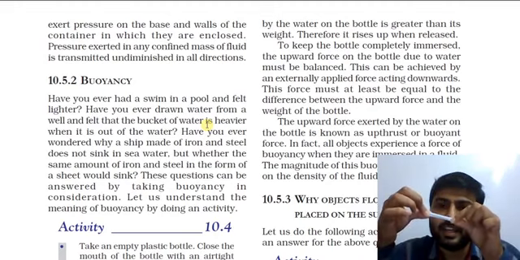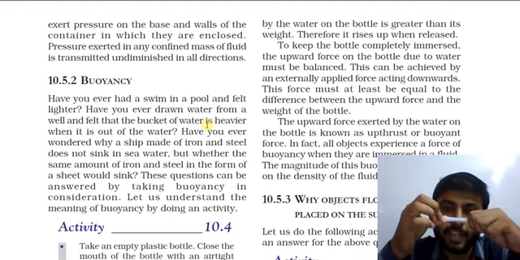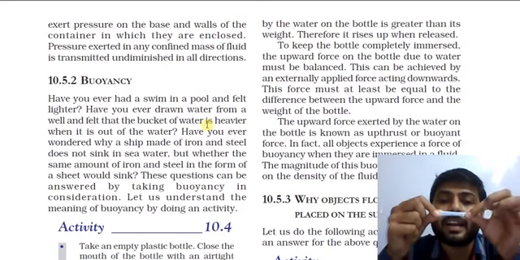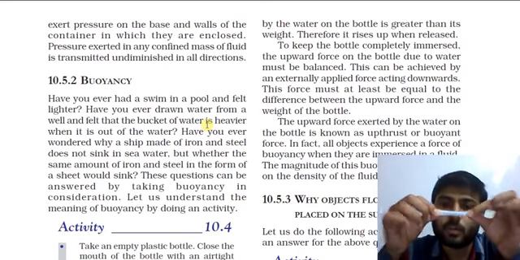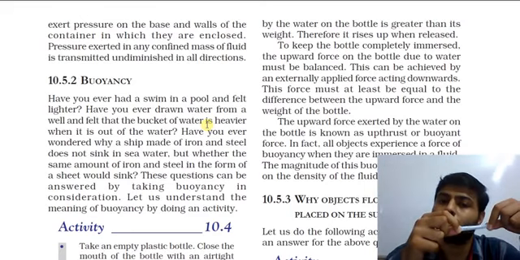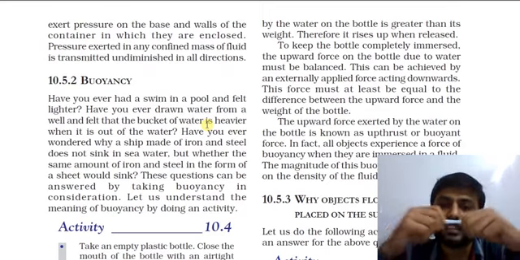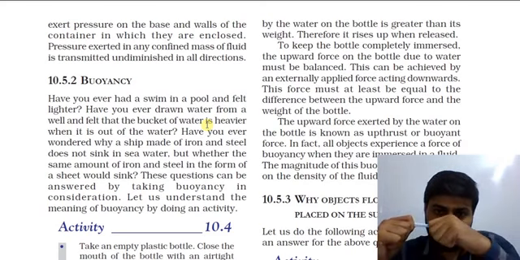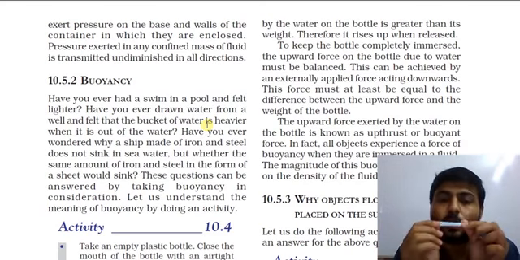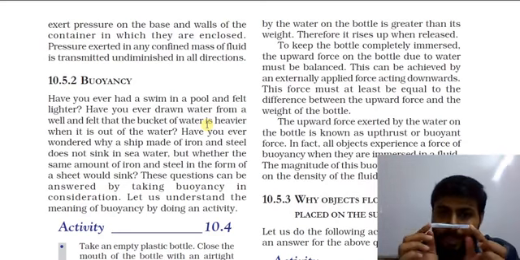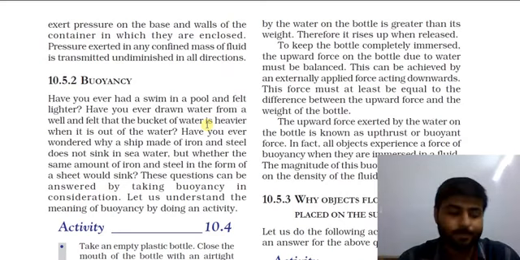If I apply 10 Newton here and 10 Newton from here also, then this 10 Newton and this 10 Newton will be balanced and there is no net displacement of this paper. It will not move in this direction or that direction. I hope you understood what is balance of force. I apply 10 Newton force in this direction and 10 Newton in this direction. So these forces are equal and opposite in direction. That's why this paper will be balanced.